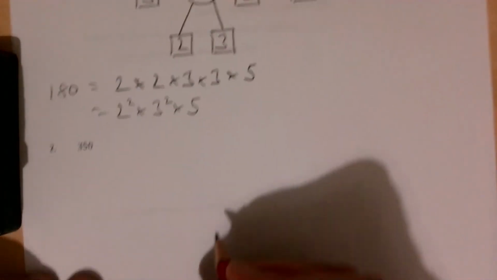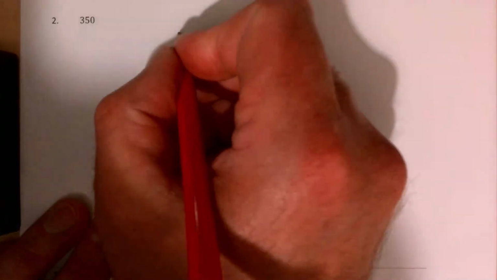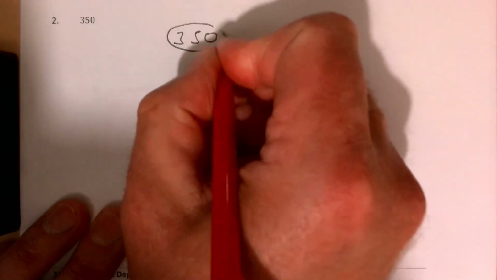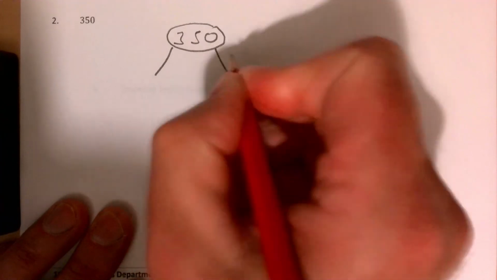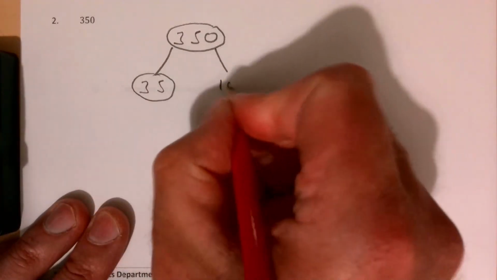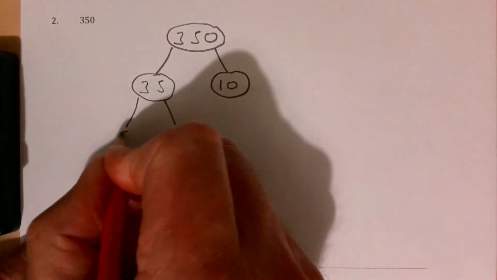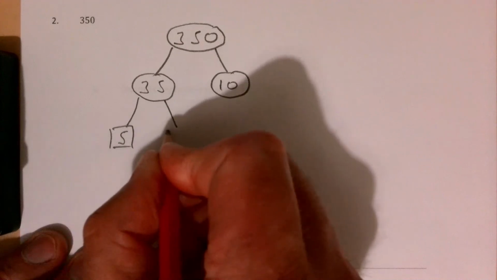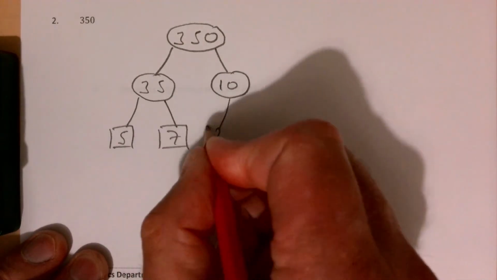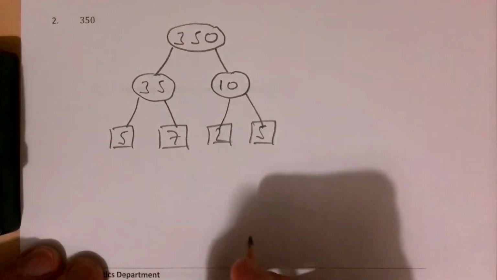Same then for 350. Again, an obvious one. What divides in? 35, not prime. 10, not prime. 5, which is prime, times 7, which is prime. 2, which is prime, times 5, which is prime.